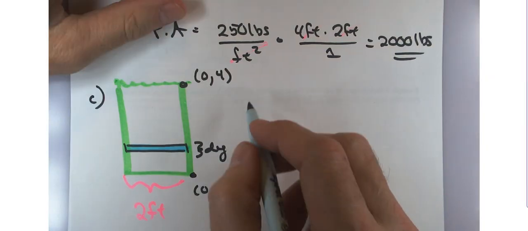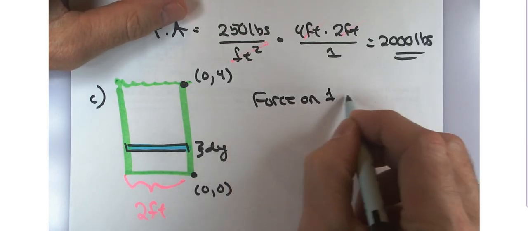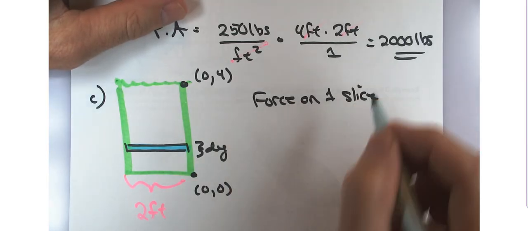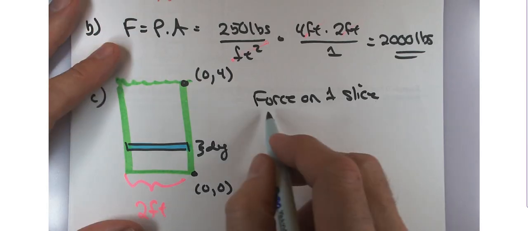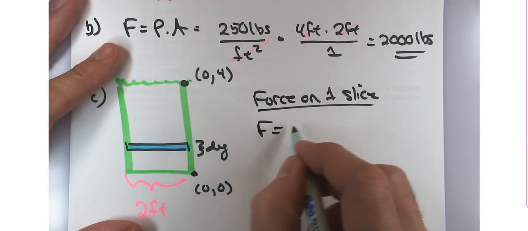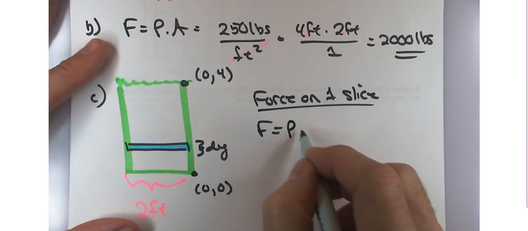So let's find out the force on one slice. So force is going to be a product of a couple things. The force is going to equal the density, or excuse me, it's going to be the pressure times the area.